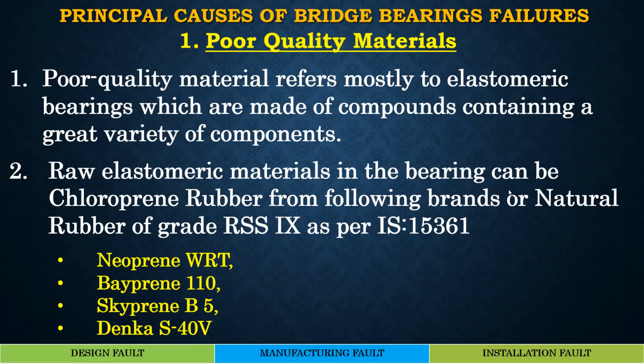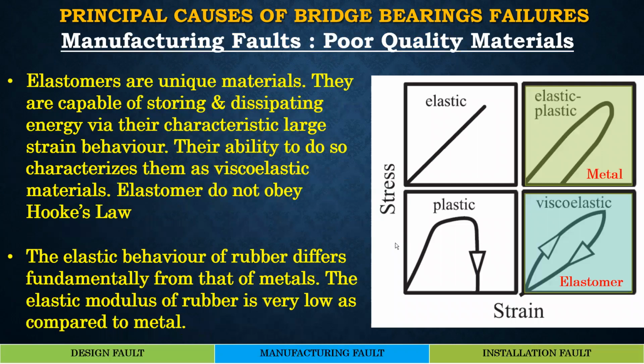Raw elastomeric material in the bearing can be, as you know, chloroprene rubber or natural rubber of different grades, as mentioned in the code. The effective use of rubber as an engineering material actually depends on the understanding of its behavior and its chemical composition.